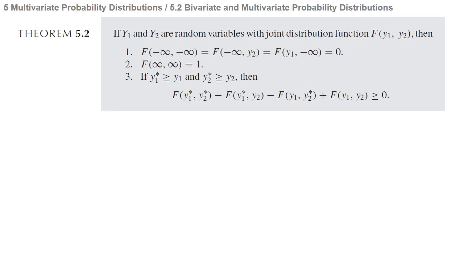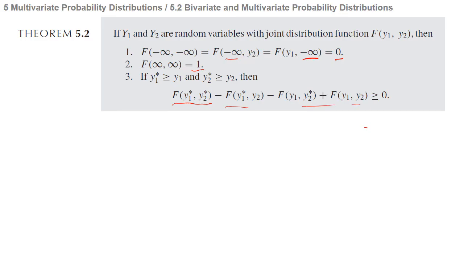So what it says is that if any of the components is negative infinity, then the distribution function is 0. Second, F(infinity, infinity) is 1. And also if y1 star is greater than or equal to y1, and y2 star is greater than or equal to y2, then this thing is greater than or equal to 0.